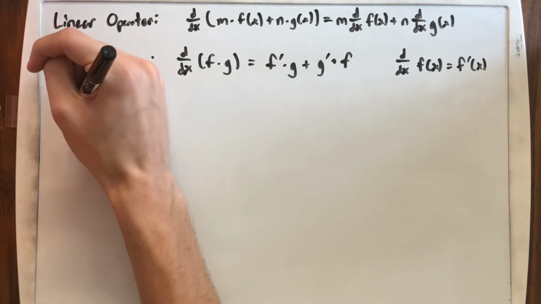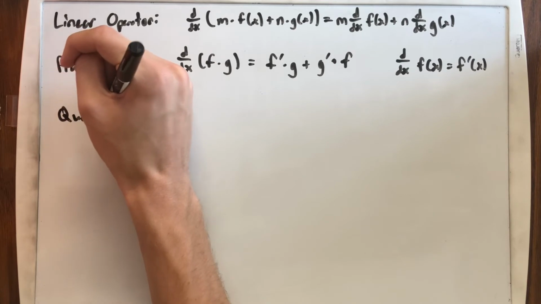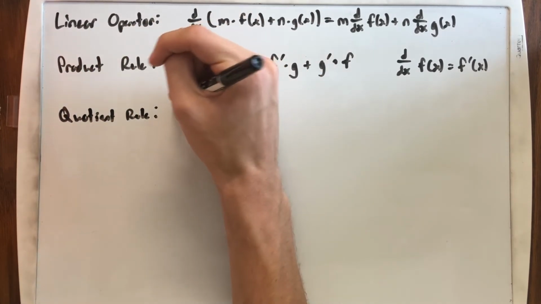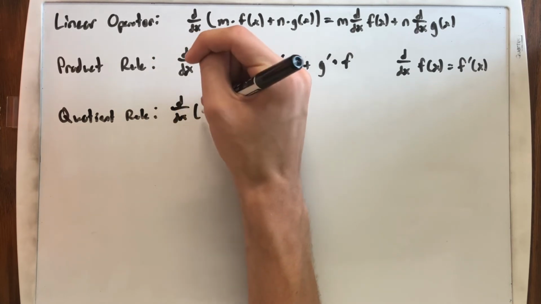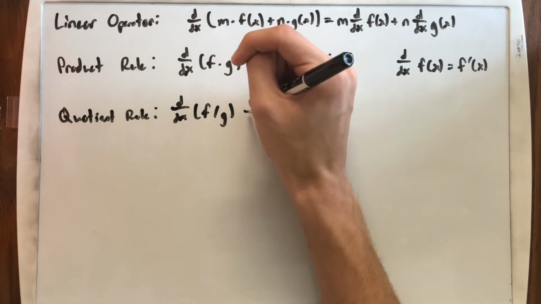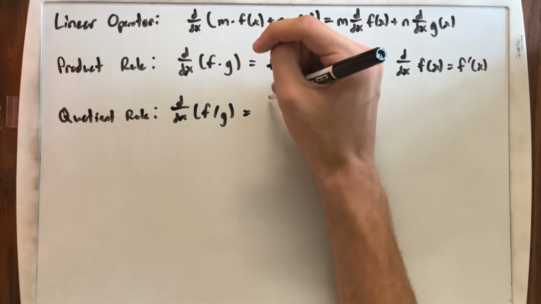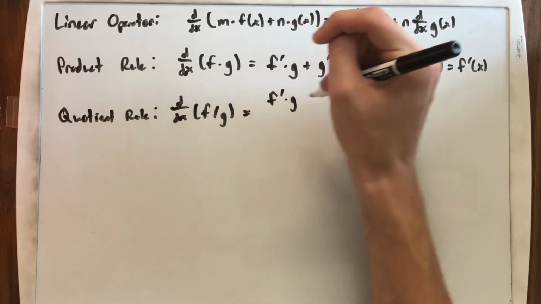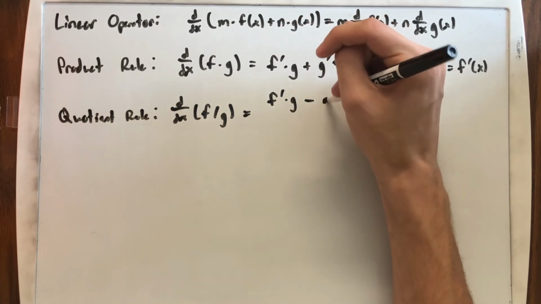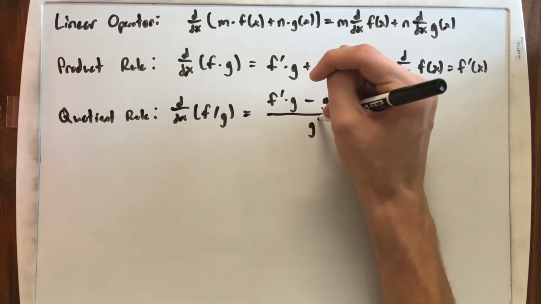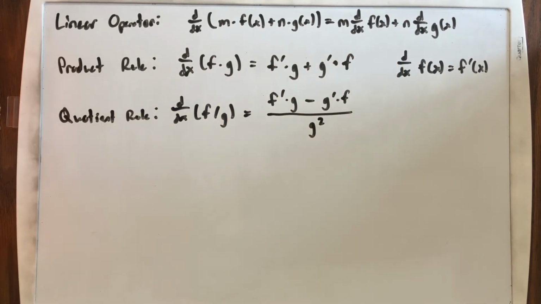Now we can go to the quotient rule, where instead of multiplying them, we are dividing two functions. So we have f divided by g. It's a little bit bigger, but it looks like this, where you have f prime times g minus g prime times f all over just g squared.